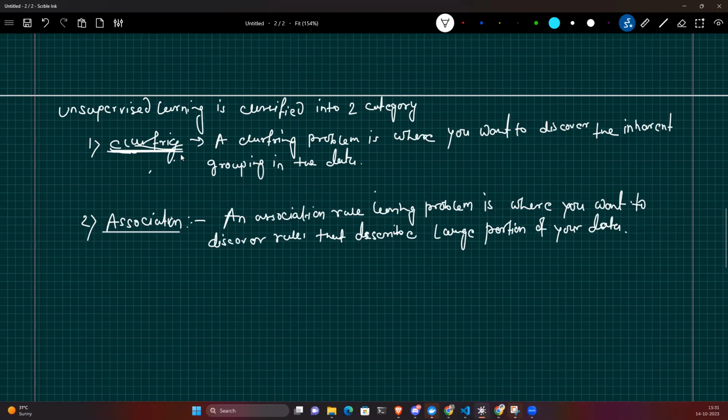Like in case of supervised learning we have seen linear regression, logistic regression, decision tree, this kind of thing, right?